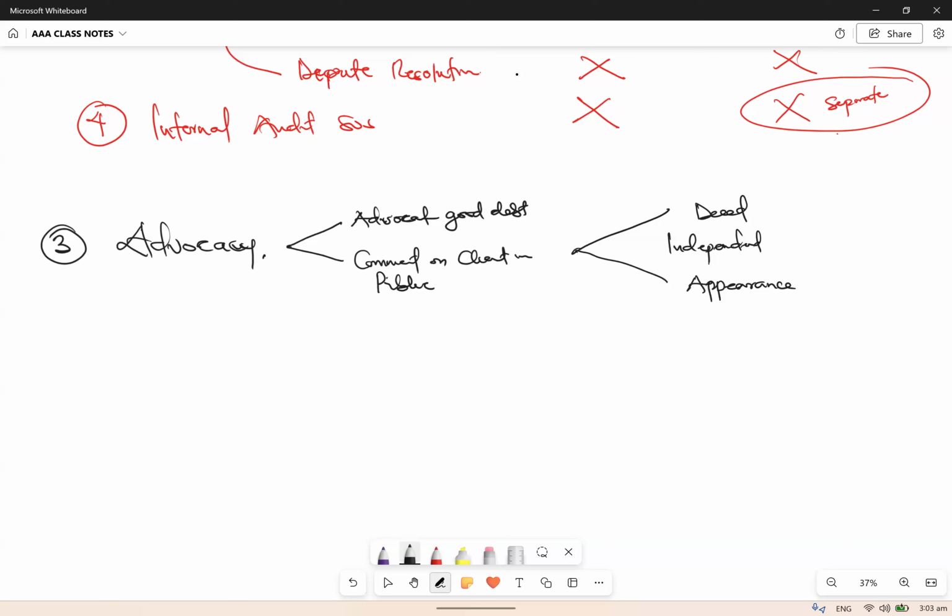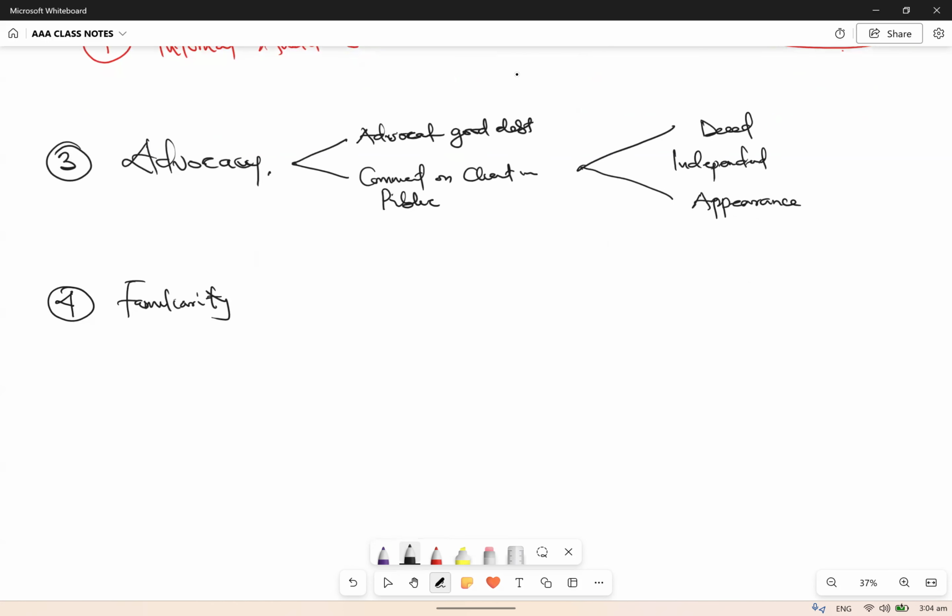All right. Then 4, we have familiarity threats. As for familiarity, I think it's the easiest one, because familiarity is familiarity. Usually I tell students that one of the ways you can know issues of familiarity in the question is when you are reading the question, it will tell you that so and so has been the auditor for this company for so many years.